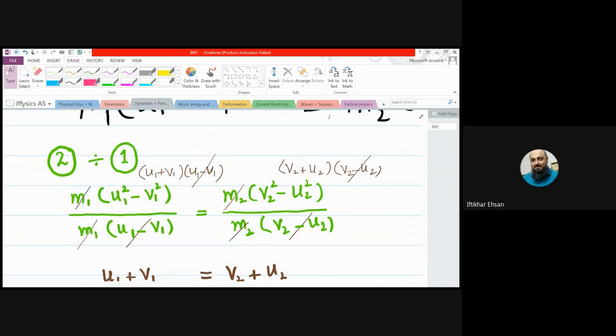Have we seen in math that if we have the square of two quantities subtracting, a square minus b square, we can factorize or simplify it as a plus b times a minus b?